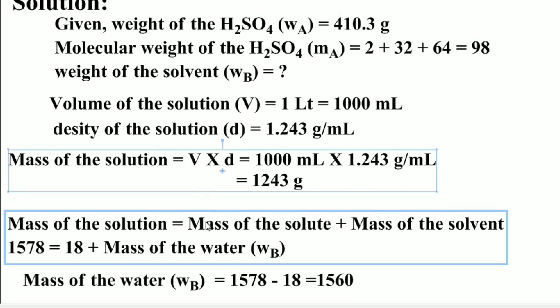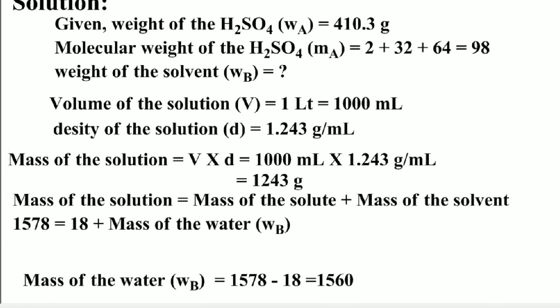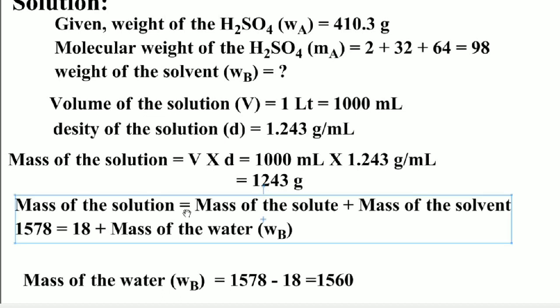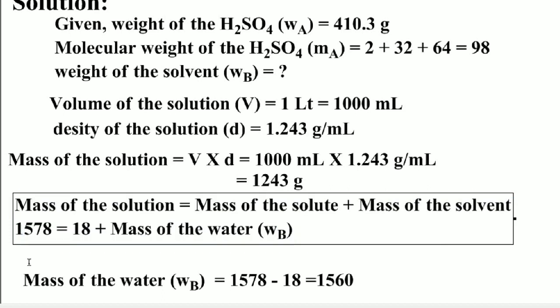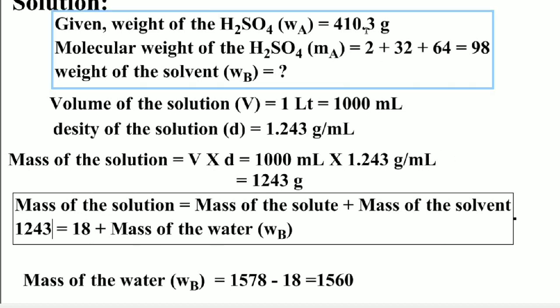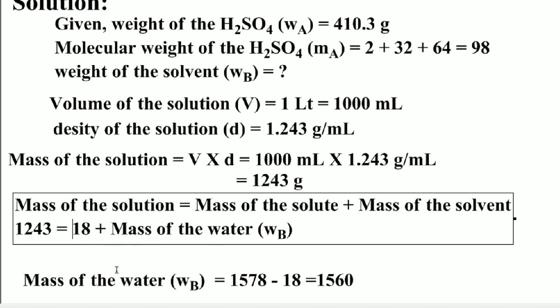So students, we know that the mass of the solution is equal to the mass of the solute plus the mass of the solvent. Just now we found the mass of the solution as 1243 grams, and the mass of the solute, H2SO4, is given as 410.3 grams. We should find the mass of the solvent, that is nothing but WB in this problem.